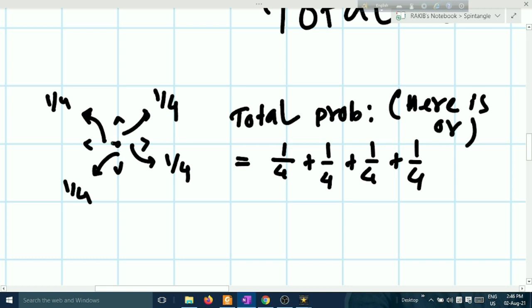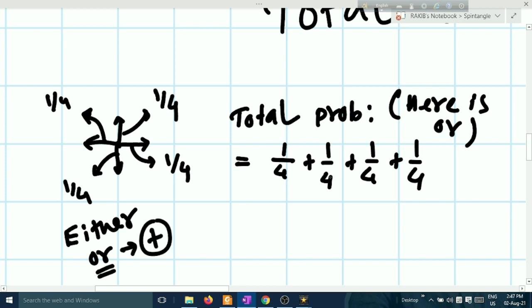Because you can go either this side or this side, either this side or this side. This is an either or relation, and I have told you that either or relation means the probability gets summed up. That means the total probability will be 4/4, that means 1.